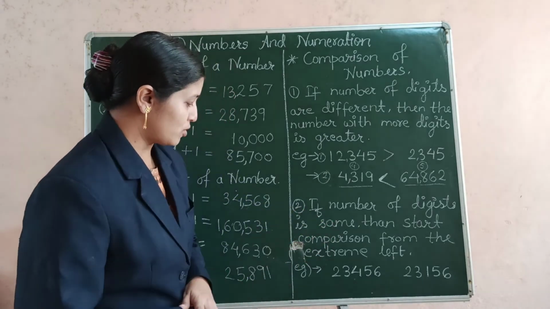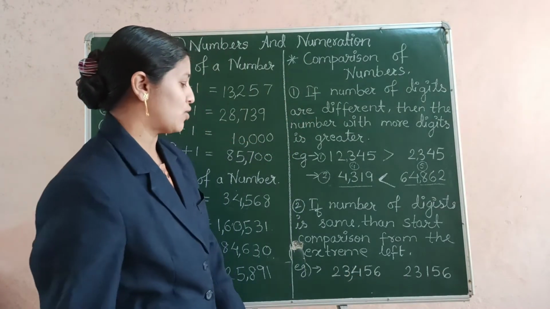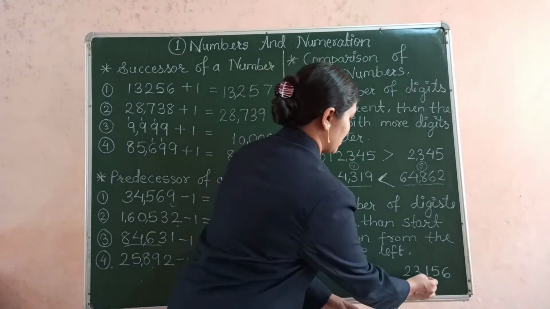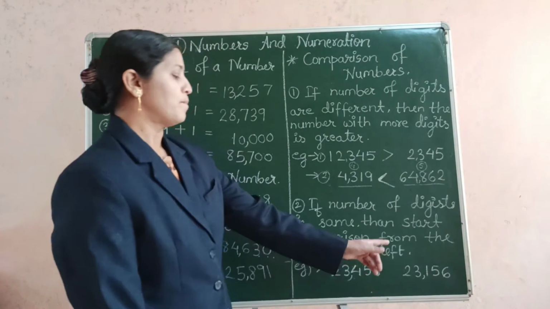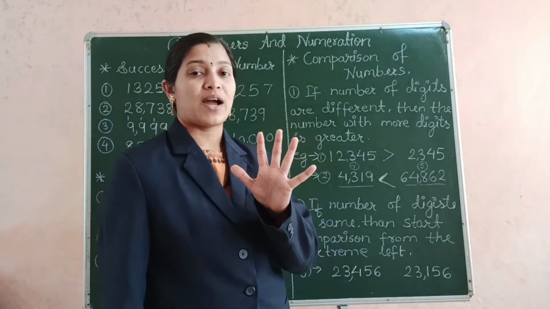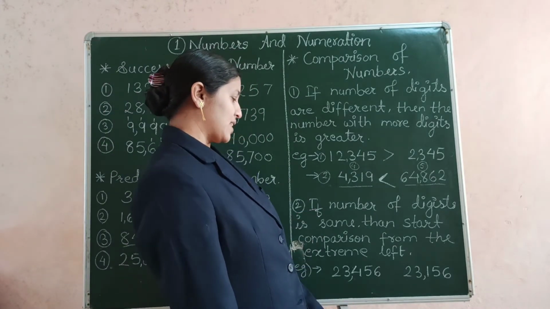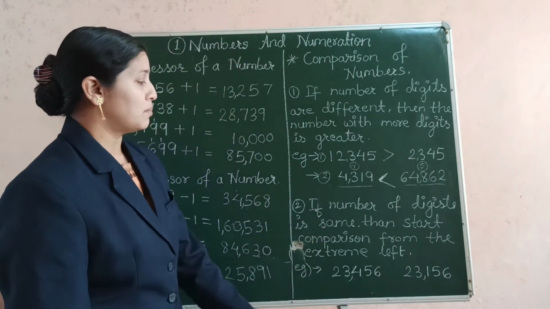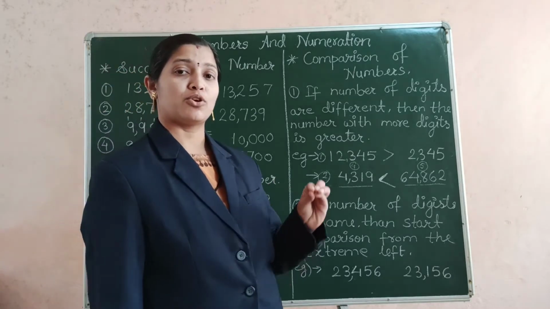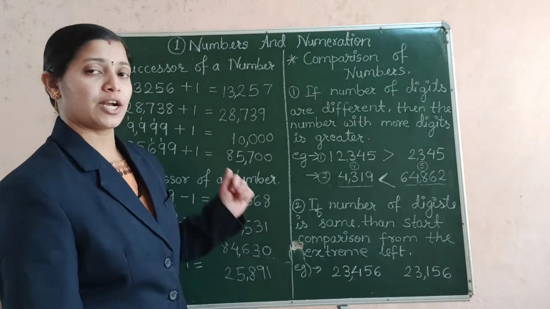Suppose here you can see I have written an example: 23,456 and here we have 23,156. Both the numbers have 5 digits in them. So as per the rule, if both the numbers have the same number of digits, then we should start comparing from the left side of the number.